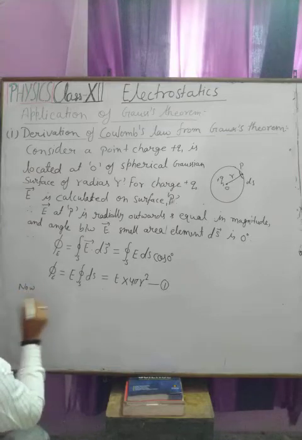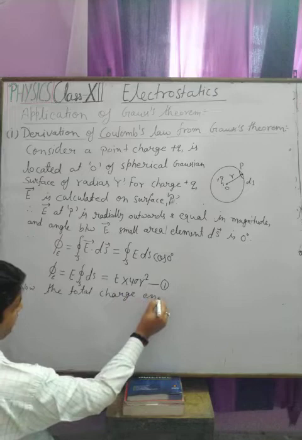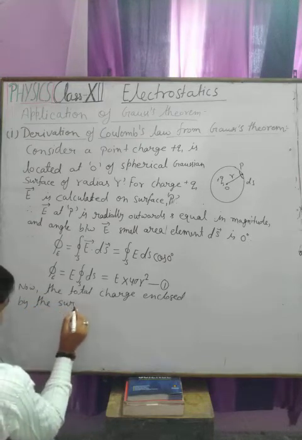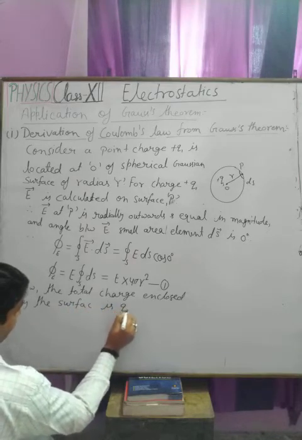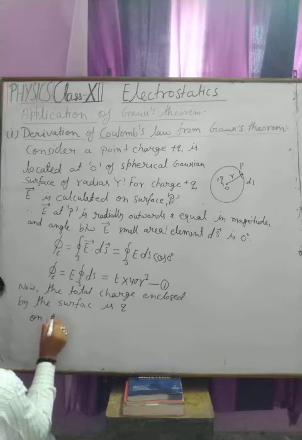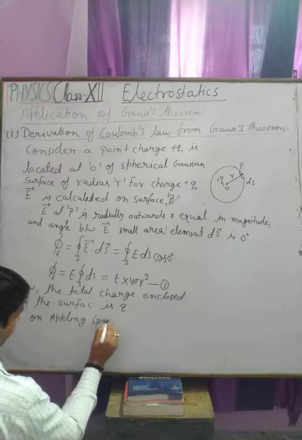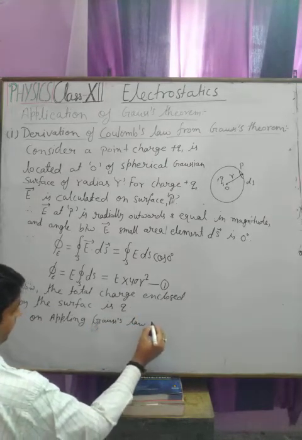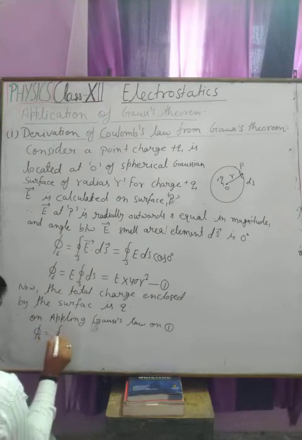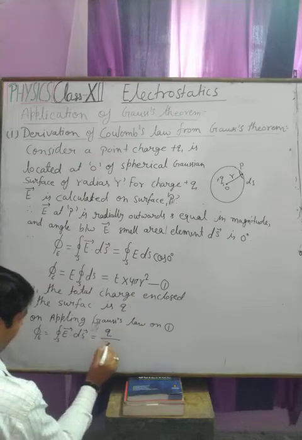The total charge enclosed by the surface is Q. Therefore, on applying Gauss's law on equation first, we get φE is equal to the surface integral E dS equal to Q upon epsilon naught.